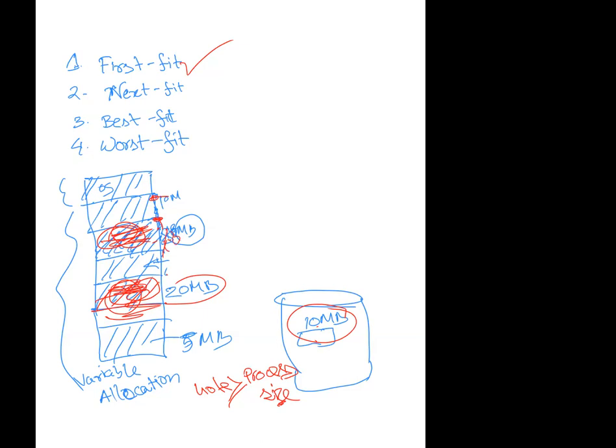It doesn't require searching the entire address space in your memory. This is for the best case scenario. In the worst case scenario, it needs to travel through all of the address space in your memory to figure out which space is suitable for this 10 MB process.